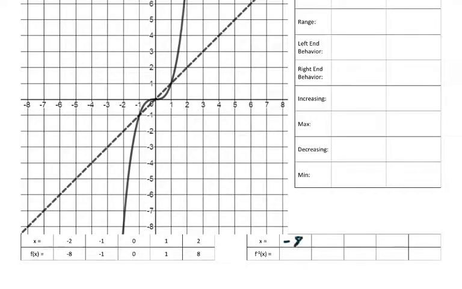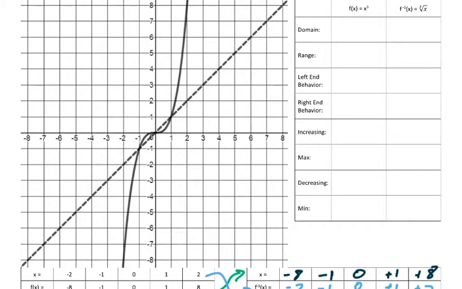So it originally had outputs of -8, and then -1, and then 0, and then 1, and then 8. So what was this one is now going here. The outputs have now become the inputs on the inverse, and vice versa. So this is -2, and -1, and 0, and 1, and 2.